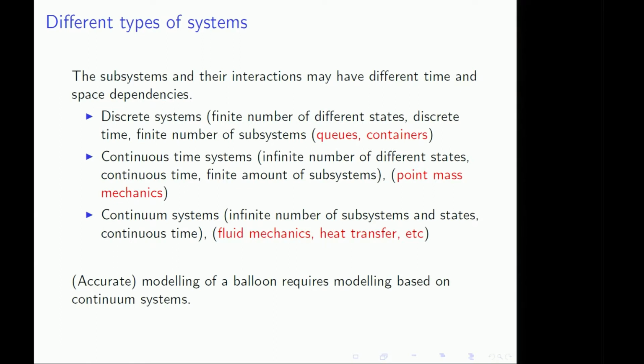If you look at the balloon from far, it can be understood as a point mass. It's flying, rising in some way as a single point modeled by a differential equation. But if you want to be accurate in modeling, we have to consider it as a continuum system to get a better view on what are the actual forces that make the balloon move, make it deform, and so on.